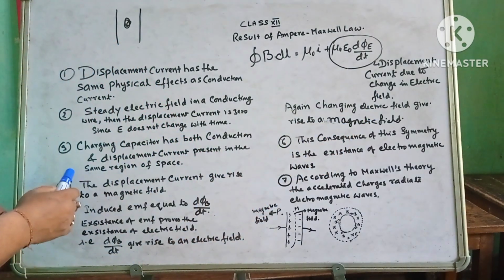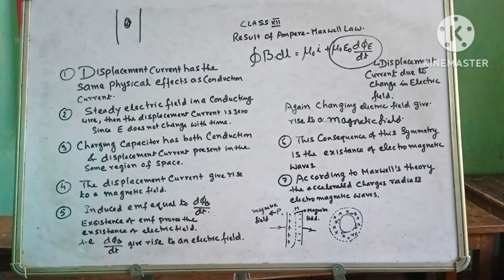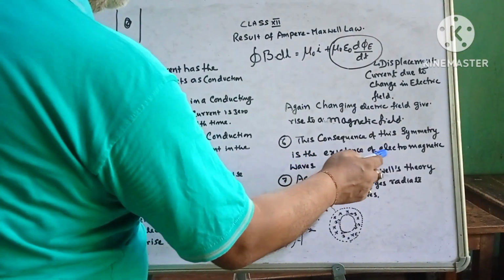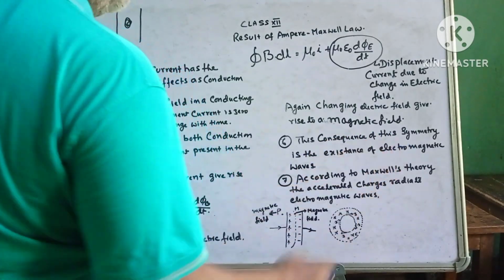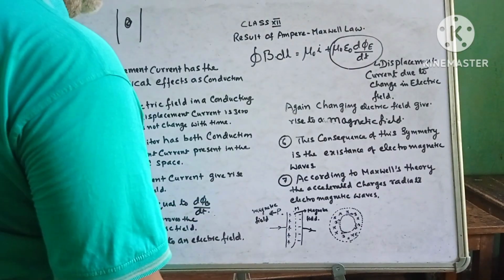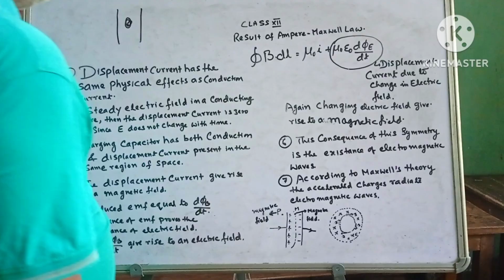Because here it has been told that a displacement current gives rise to a magnetic field. So this is the existence of electromagnetic waves. And according to Maxwell's theory, the accelerated charges radiate electromagnetic waves.